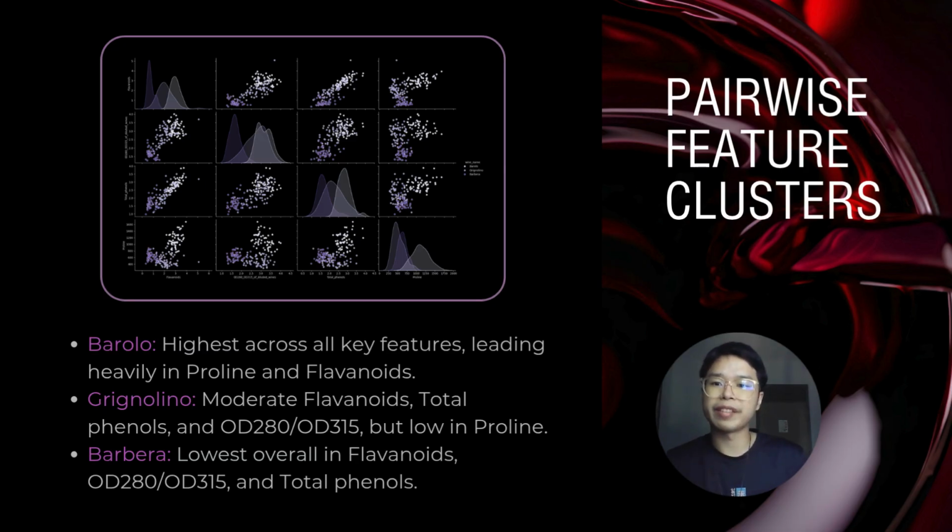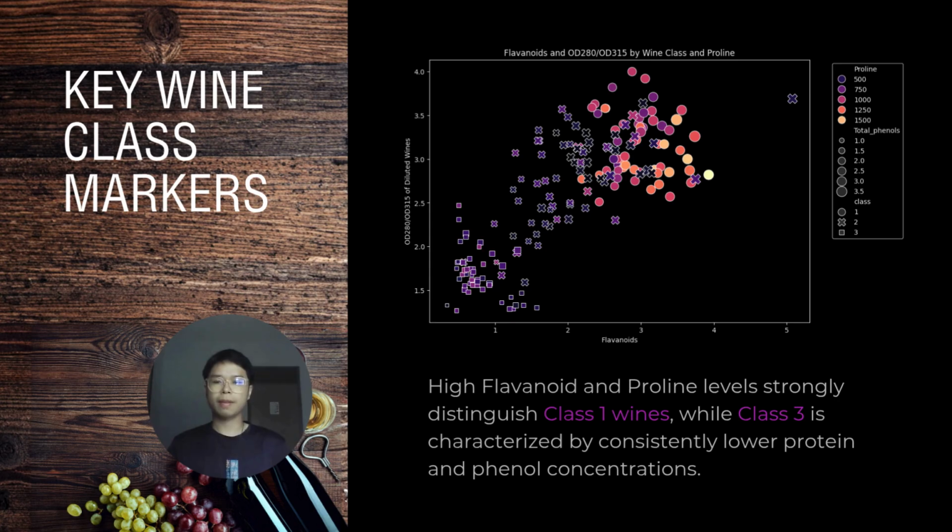Based on this pair plot, Barolo is highest across all key features, leading heavily in proline and flavonoids. On the other hand, Grignolino has moderate flavonoids, total phenols, and OD280 over OD315, but low proline. And lastly, Barbera has the lowest overall flavonoids, OD280 over OD315, and total phenols.